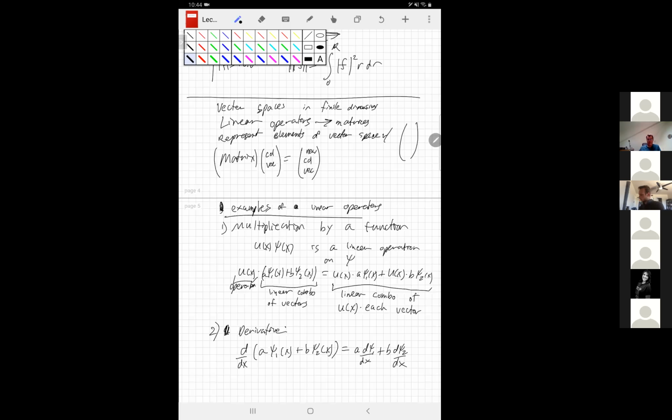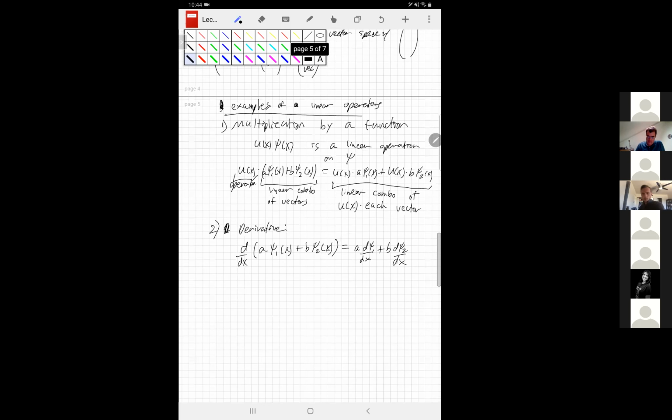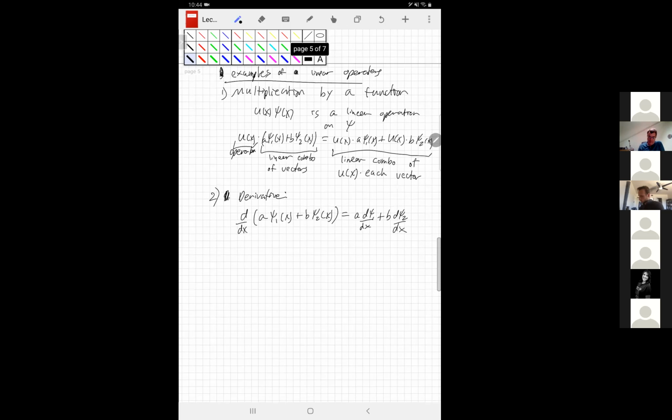That's a linear operator, right? Because whether you first take the linear combination and then act with the derivative operator, or first take derivatives of the individual pieces and then add up linear combinations of the pieces, you get the same thing, right? So the derivative is a linear operator.